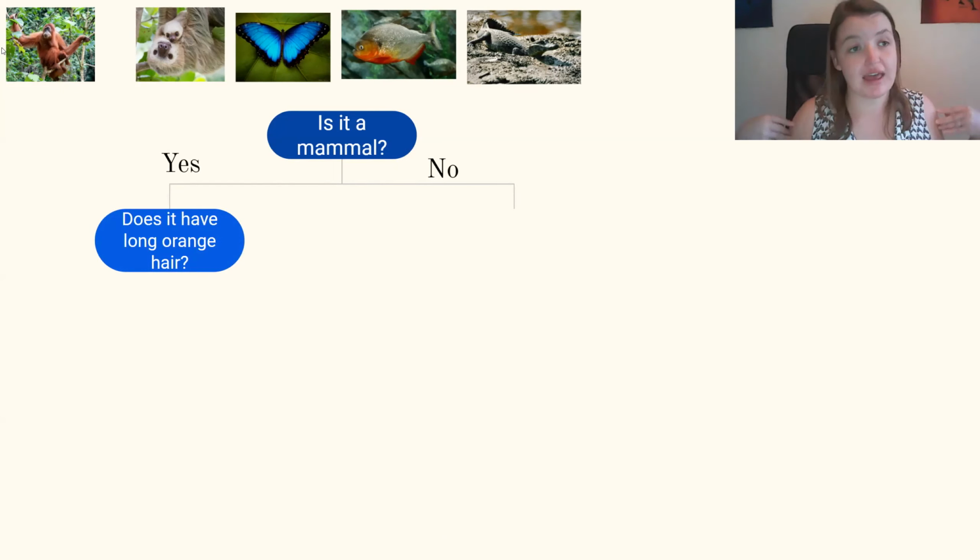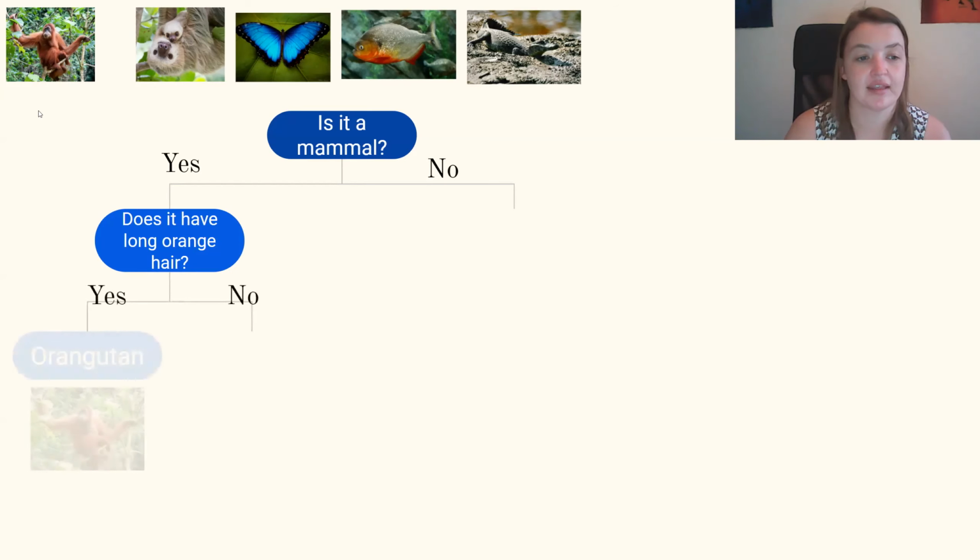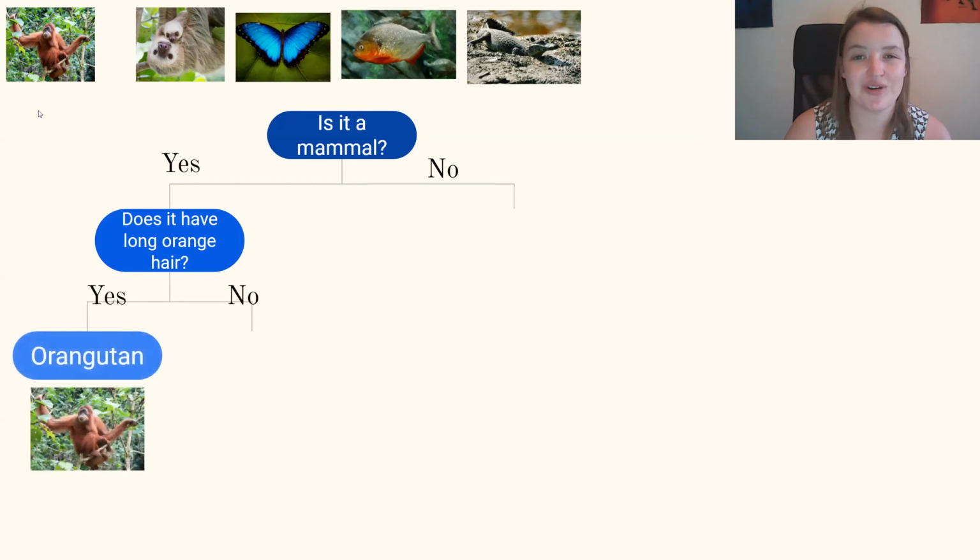They both have long hair, they both have the same types of arms, they both live in trees. The thing that was different was the colour of their hair. So I asked, does it have long orange hair? And then we got to the yes, it is an orangutan, and no, it's a sloth. So I have done these 2 animals.